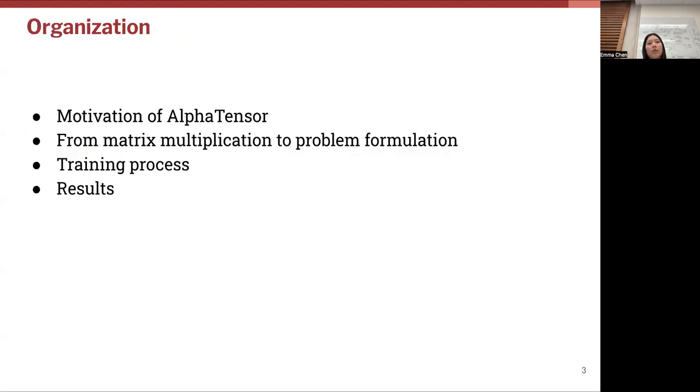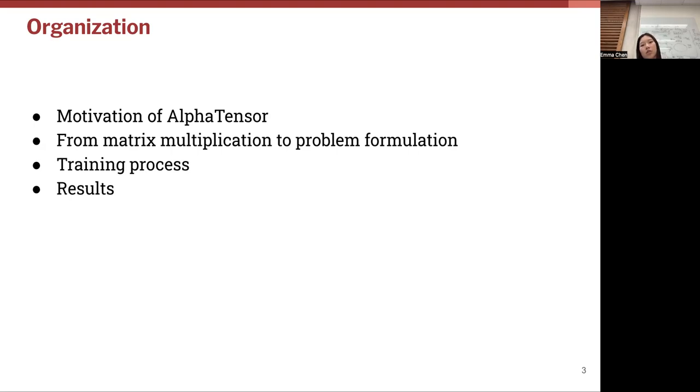So today I'm going to organize my presentation into 4 sections. I'm going to talk about the motivation of AlphaTensor. So why do we even care about speeding up matrix multiplication? And then I'm going to talk about the algebra, or the mathematical foundation of why AlphaTensor works. So I'm going to talk about matrix multiplication.